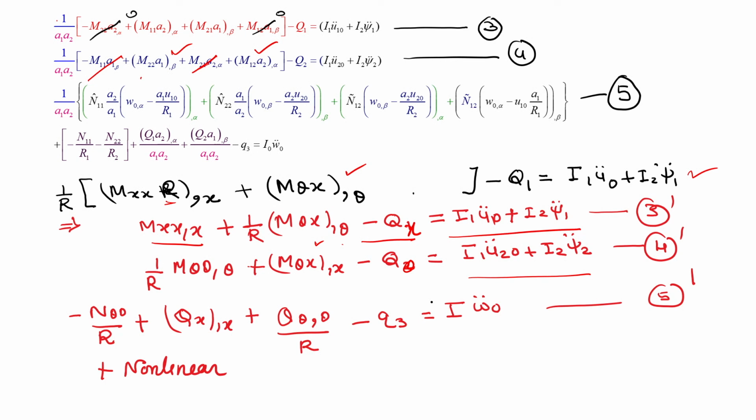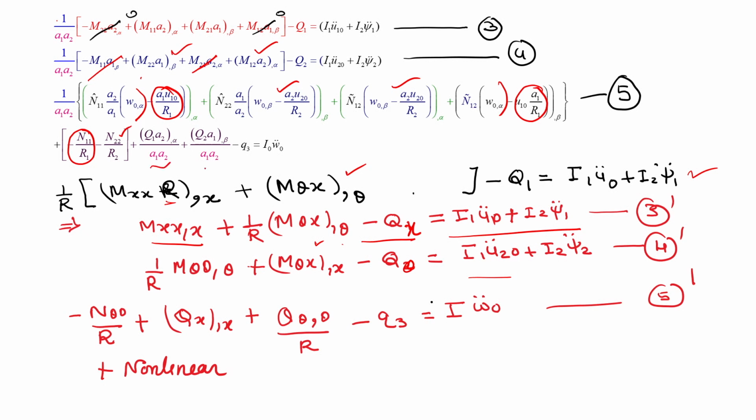And in the fifth equation, definitely some nonlinear terms. This term will not contribute, this term will not contribute, they will contribute fully. So, partial terms are here. Then this term will not contribute, this will contribute.